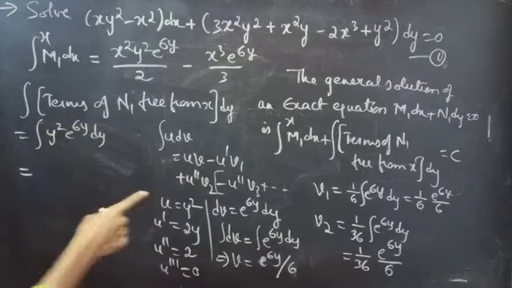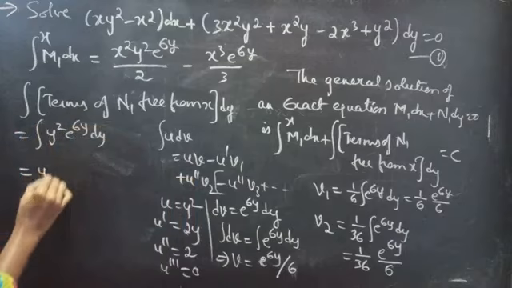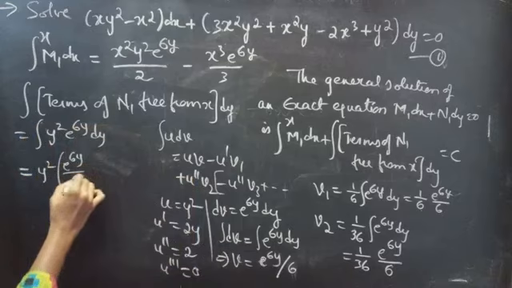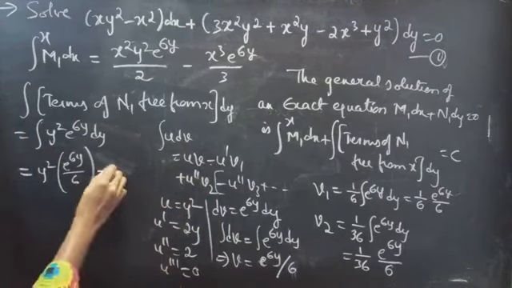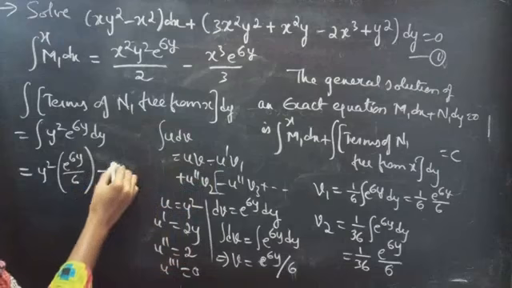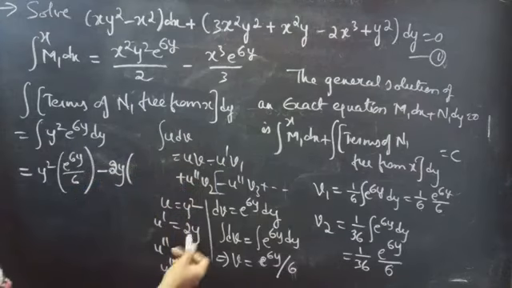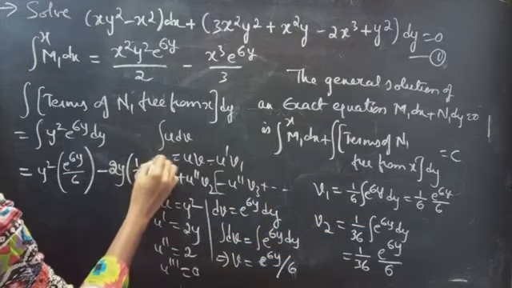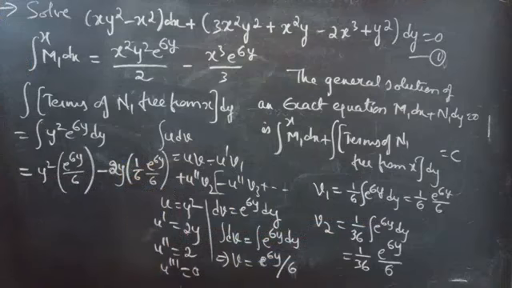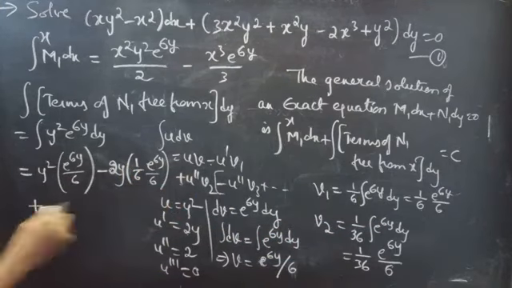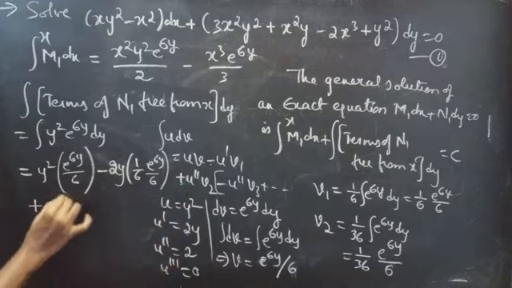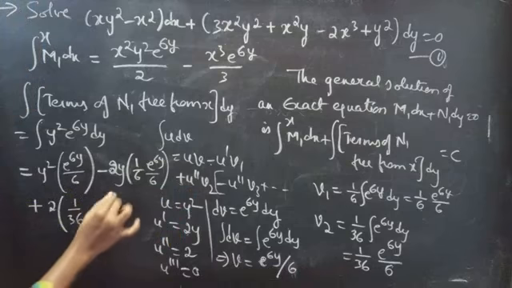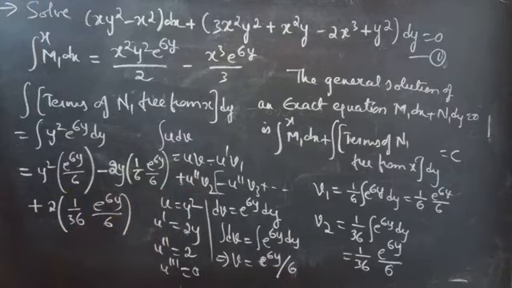It equals u into v, for v equals e power 6y by 6, minus u dash 2y into v1, 1 by 6 into e power 6y by 6, plus u double dash 2 into v2, 1 by 36 into e power 6y by 6.